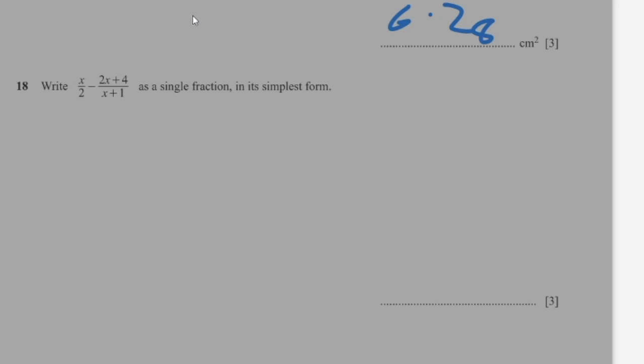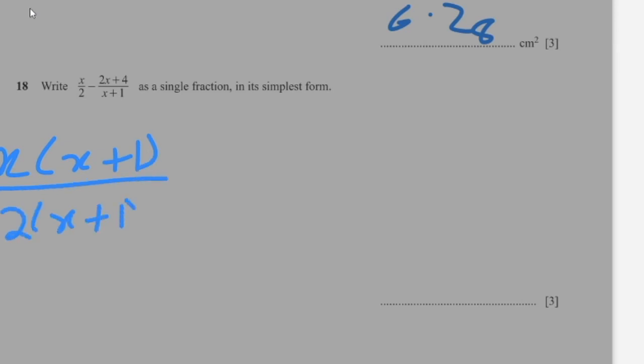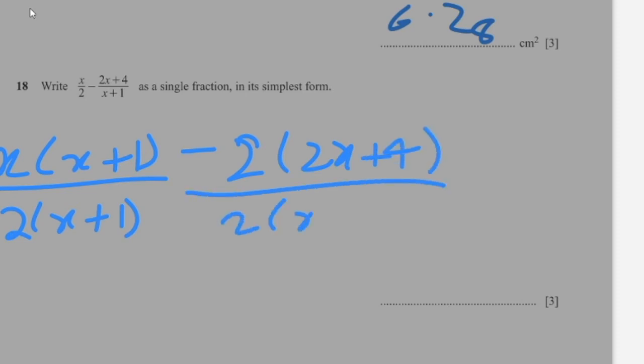18. Write x square minus 2x plus 4 over x plus 4 as a single fraction in its simplest form. So first off, I'll start by having the same value as denominator. So I'll cross multiply the denominators. So here we have x into x plus 1 over 2 into x plus 1. And then we have the other fraction as 2 into 2x plus 4 over 2 into x plus 1.